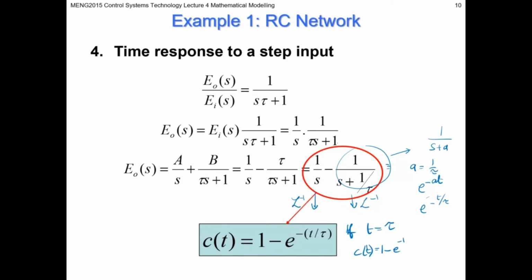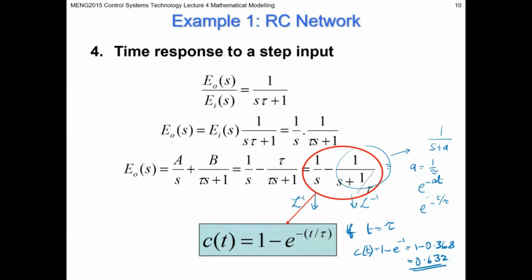E to the minus 1 is 0.368, right? So if we subtract that from 1, then we get 0.632. So that is going to be the value of the output at the time when time is equal to the time constant. And that's going to be the same regardless of the system.